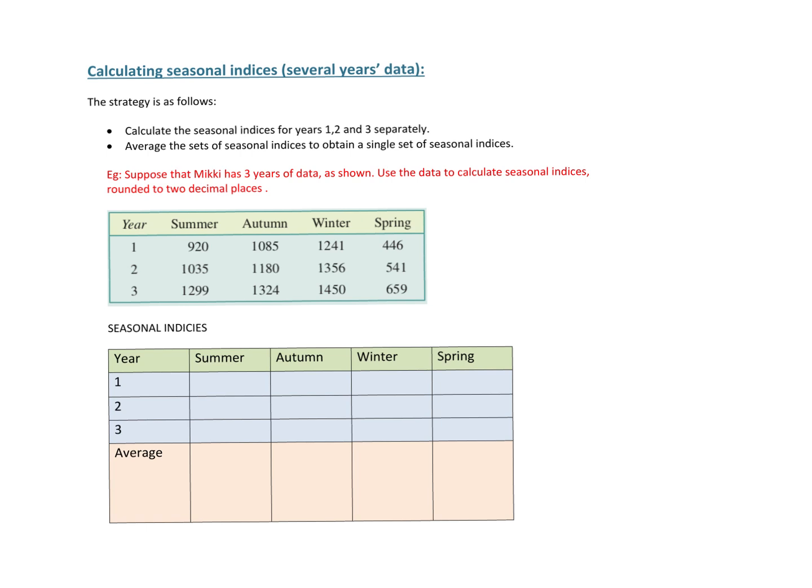But what actually happens most of the time is the shop will have a few years of data, and we want to get an overall seasonal index for the whole set of 3 years. The way you do that is you calculate the seasonal indices individually for each of the years, and then you average those three, because we've got 3 years here, and get an overall one.